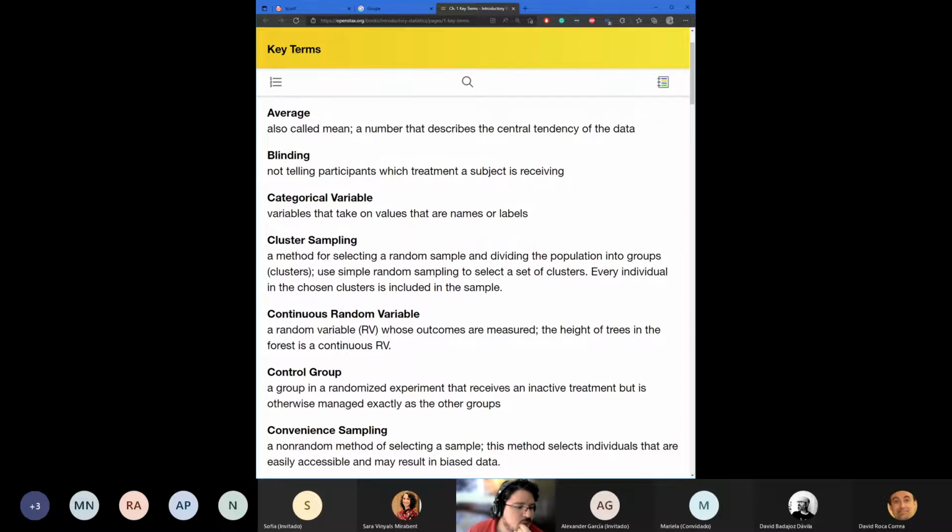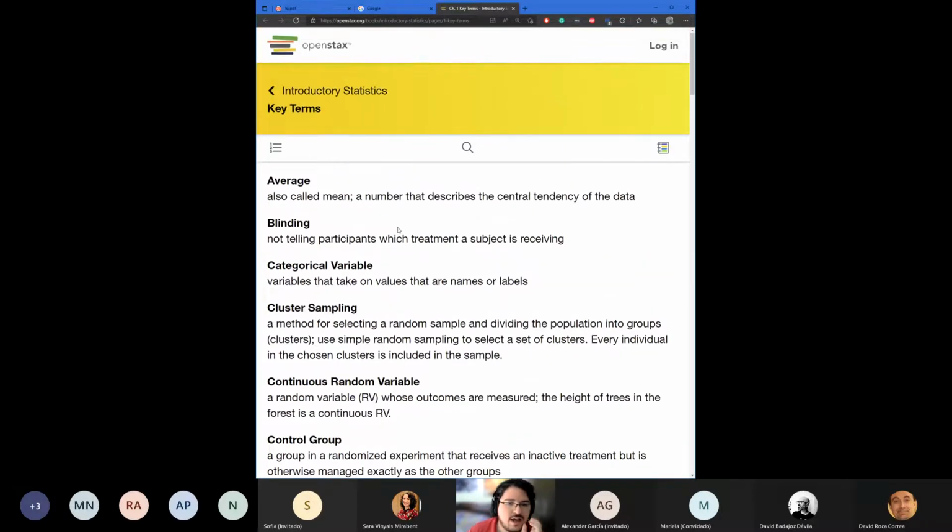So we are going to start there. In that document, we start from the openly licensed book, Introductory Statistics at OpenStax. This is the first screen that I'm sharing. I'm sure that for some of you, mentioning some of these ideas will be unnecessary, but it is just so we have a common fundamental understanding of the basics.